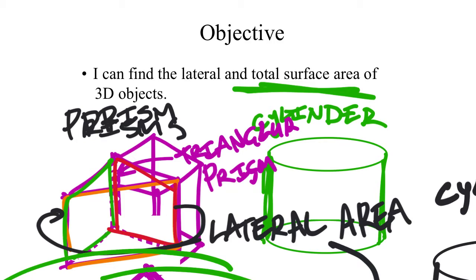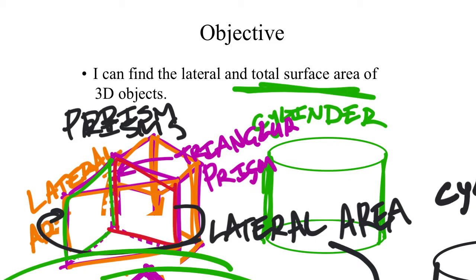Now, just so you understand, these rectangles on the sides, like this one and that one, this one and this one, I know it got kind of messy, but all those orange rectangles are considered the lateral area, which you're going to need to know for the assignment. Because they're going to ask, what's the lateral area of this thing?